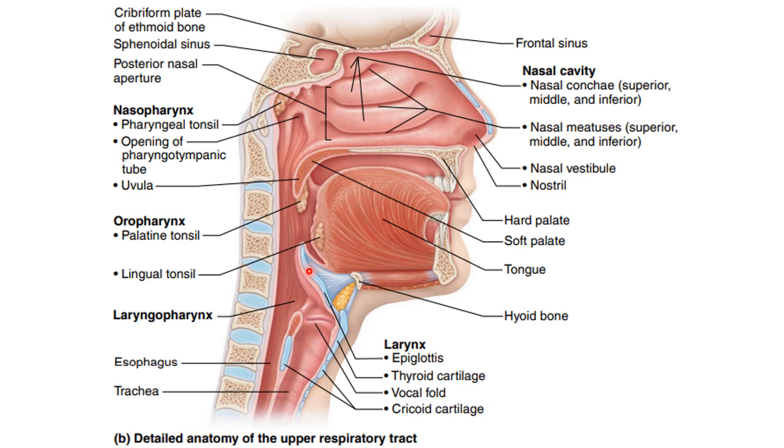And then let's go more inferiorly. This is your larynx, and we have a separate discussion of this later. You have here the epiglottis, which covers or uncovers depending on what function is being subserved. For example, when you are breathing, the epiglottis is open so that air can travel.